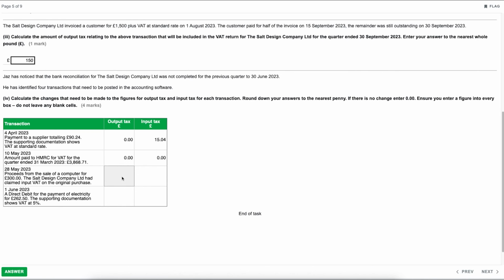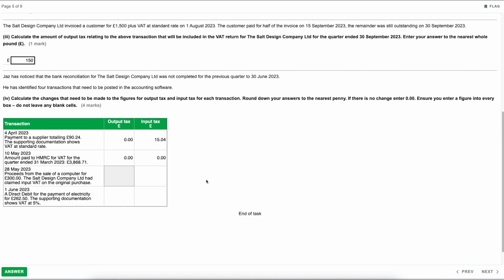Now the next one, on the 28th of May 2023, proceeds from the sale of a computer for £300. The Salt Design Company Limited had claimed input tax on the original purchase. Now because they claimed input tax on the original purchase, we would also have to then charge output tax on the sale. Now if it's the proceeds from sale of £300, that would be the VAT inclusive amount. So VAT would be already included within that amount because proceeds is the amount that you've actually received.